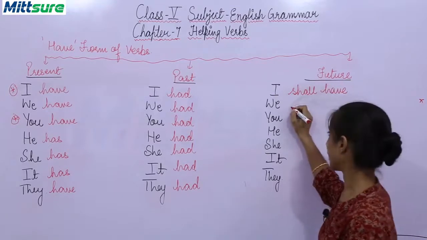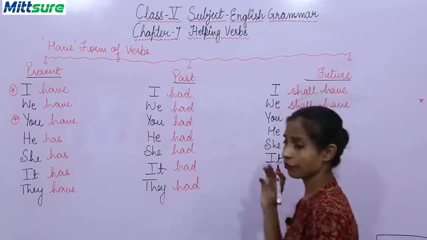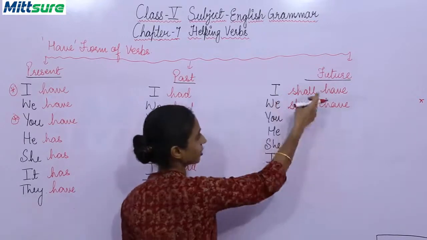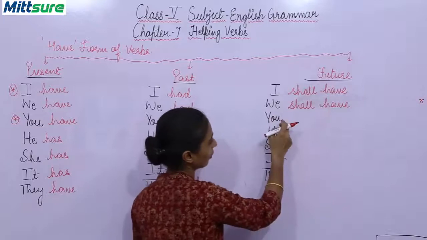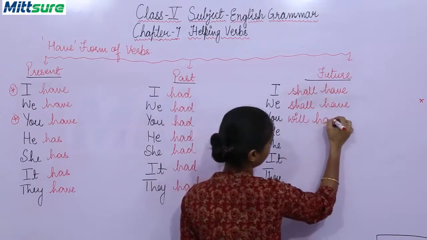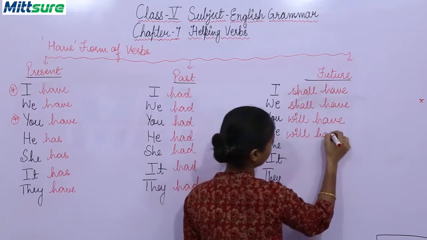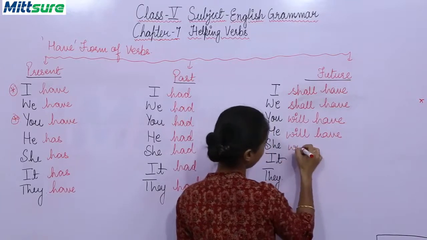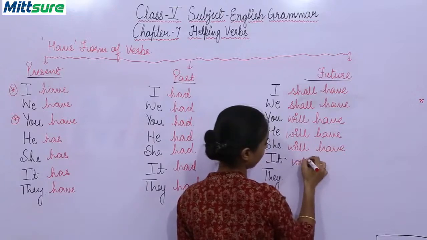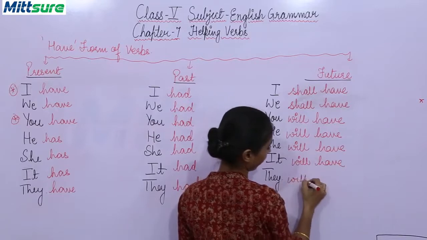With we, again shall have. I told you, with the first person pronoun we use shall. So I shall have, we shall have, you will have, he will have, she will have, it will have, and they will have.